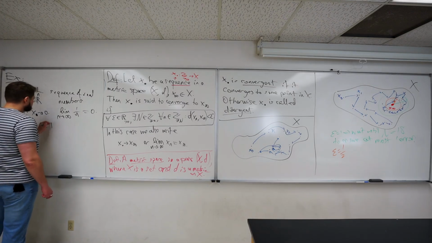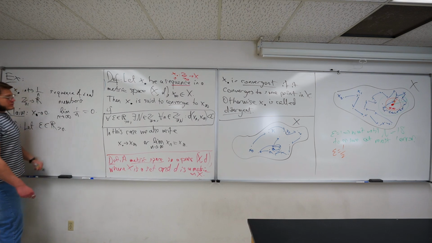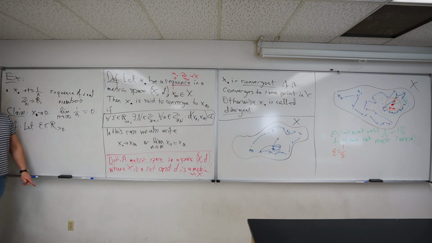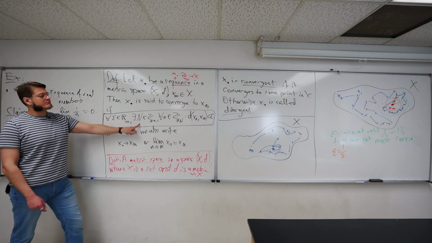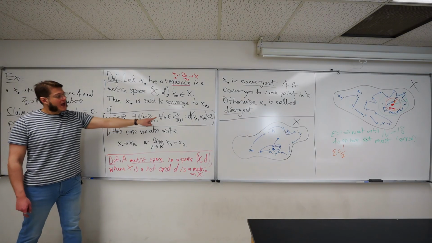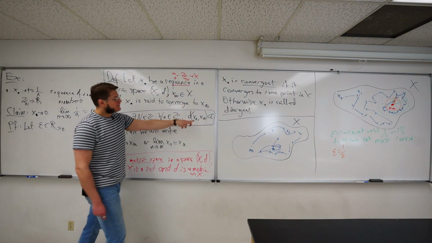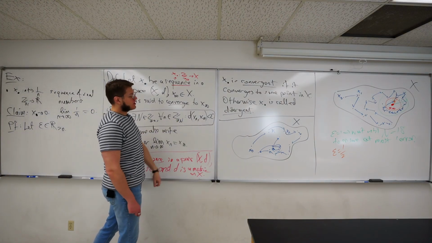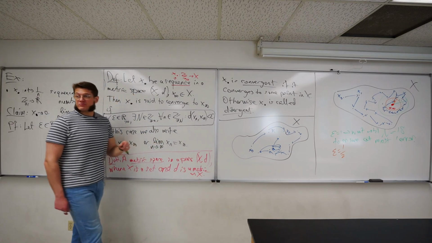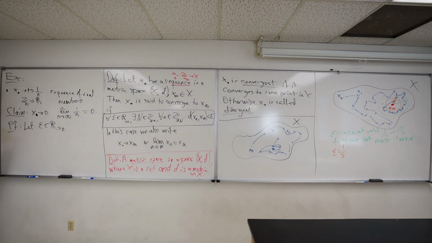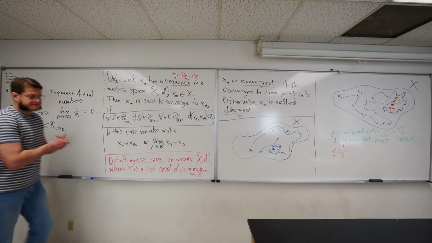Let epsilon be positive. What do I need? I need some time, capital N, such that after this time, the distance between 1 over n and my target 0 is at most epsilon. Okay? So I'll write it here.